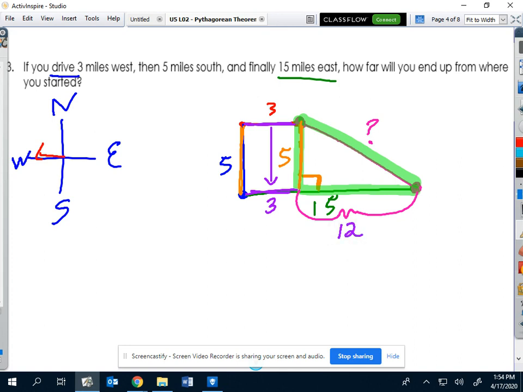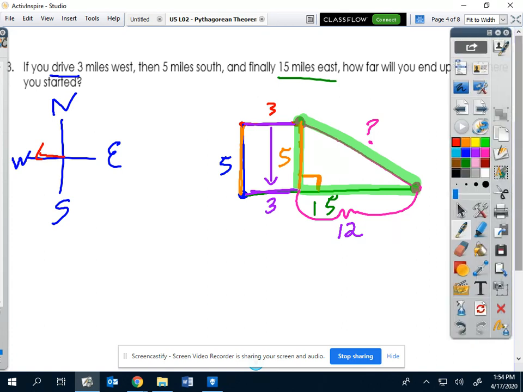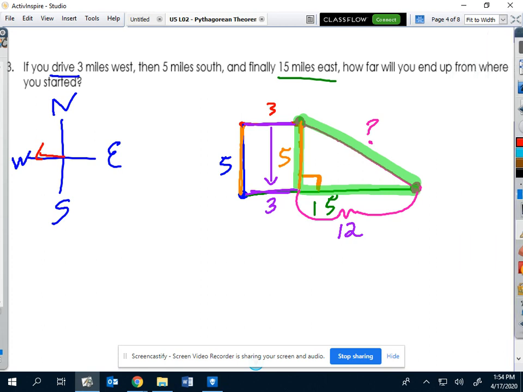Hopefully you're seeing that visually there, that 3 plus 12 gives me that total of 15. So my new right triangle, if you want to just draw a quick little sketch of it off to the side here, looks like this. The side right there is 5 and the bottom is 12. And we're still trying to figure out what that hypotenuse is.